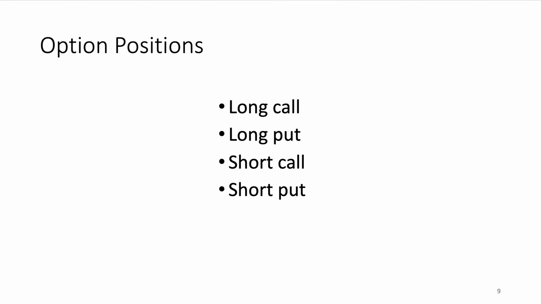As I said, in derivative securities we use the words long or short because the buy or sell transaction hasn't finished yet. So as far as the position goes, you can long a call, or long a put. Long a put lets you sell at the price.